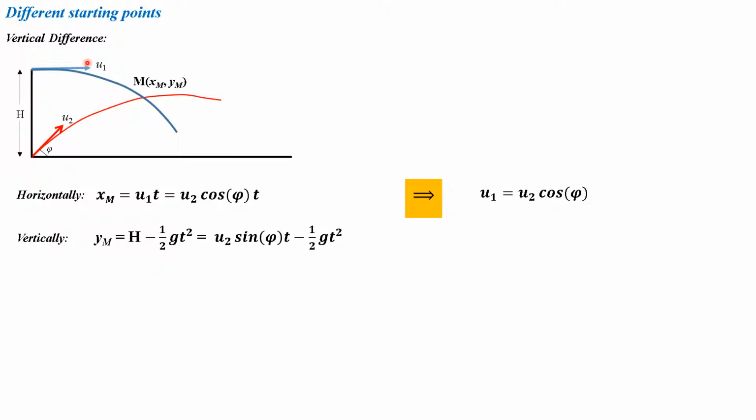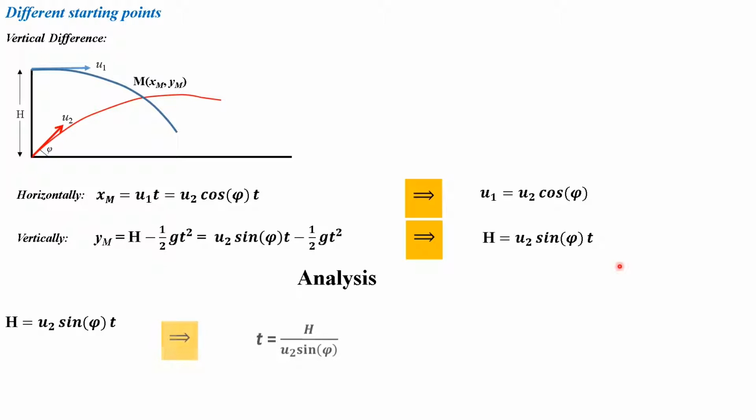Ym from the first one will be h minus half gt squared, and then you equate to the second one. Once you equate to the second one, then simply you can simplify again, and then you reach that solution: h is equal to u2 times sine phi times t. And then analysis.